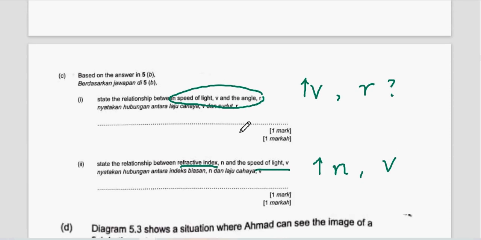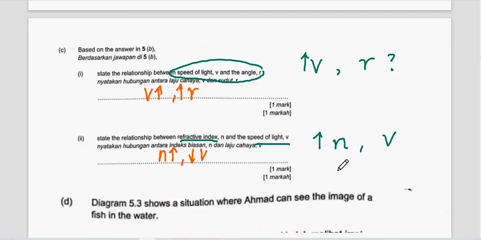Okay, boleh? So that means the greater V, the greater the refractive index. And as for this question, the greater the refractive index, the smaller the speed of light. So that will be the method.